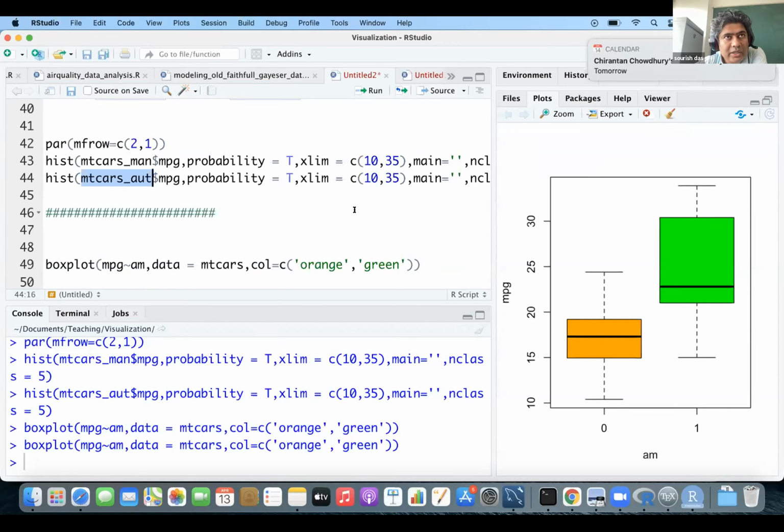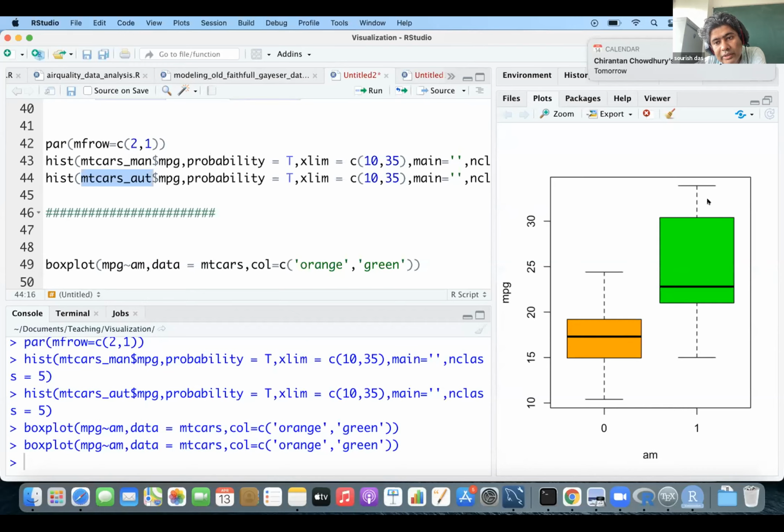First quartile is basically below which 25% of the observations lie, and third quartile is above which another 25% of the observations lie. That means within the first quartile and third quartile, 50% of the observations lie. The median is here, which is also called the second quartile.